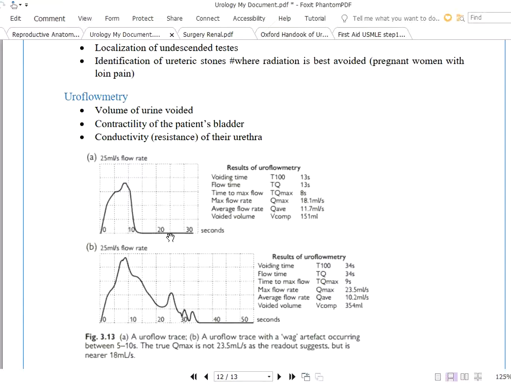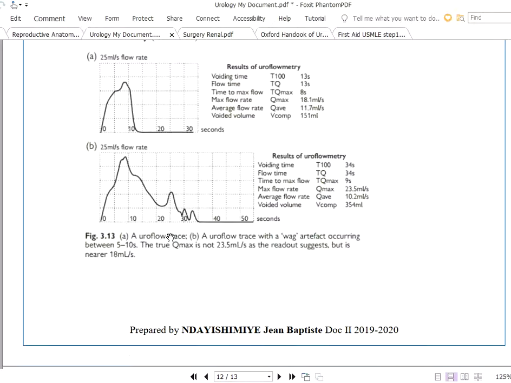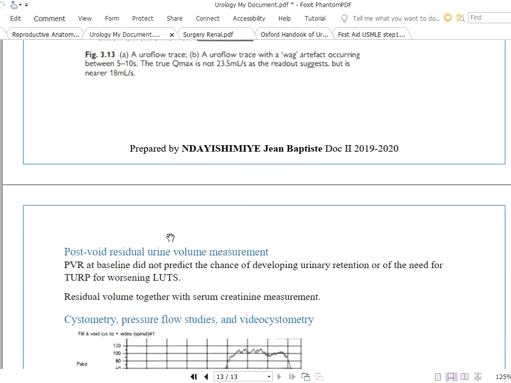So some urological associations recommend it, others say it's an investigation of choice. You can either do it or not, depending on the clinical trials that have been done on patients with obstruction and patients without obstruction, and they found that the function of it is limited.